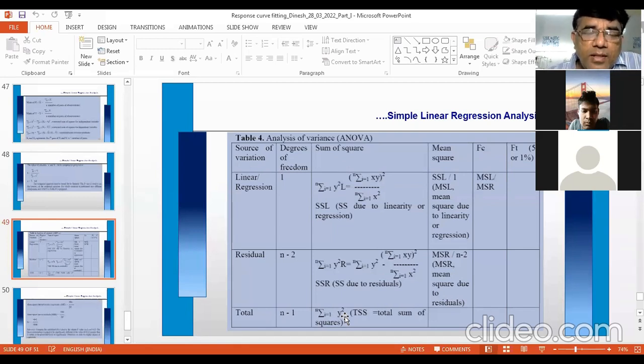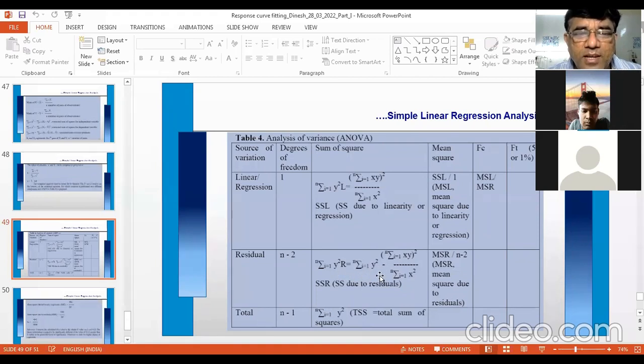I will show you in the example how to calculate the total sum of squares. And from this total sum of squares, if you subtract the regression sum of squares, then you get the residual. As you calculated the degrees of freedom, in the same way you can calculate the sum of squares for residual by subtracting the regression sum of squares from the total sum of squares.